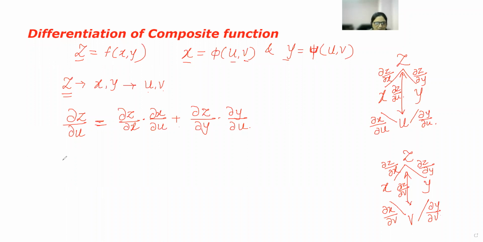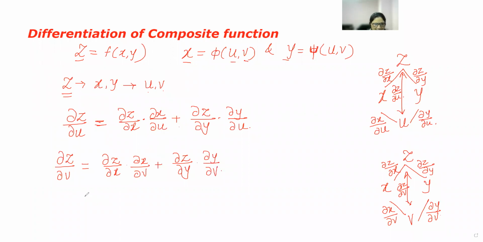So right here, the partial derivative of z with respect to v is equal to dou z by dou x into dou x by dou v plus dou z by dou y into dou y by dou v.